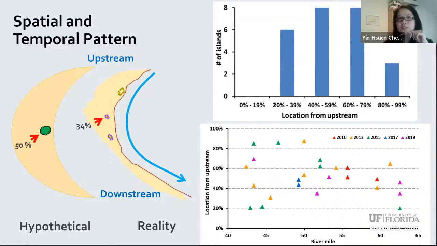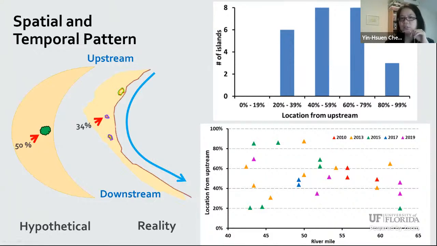Okay, so the bar chart on the right is showing where the vegetation islands mostly occur. They are around 40% to 80% distance from the upstream, and 20 to 40% is the second highest. We also made a scatter plot based on the river miles and the distance from upstream, and we color it with the last year as vegetation island, like I mentioned before.